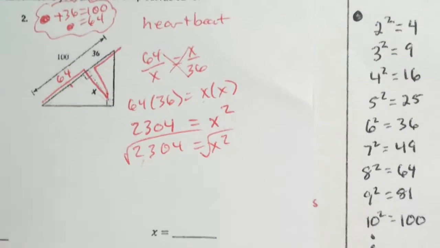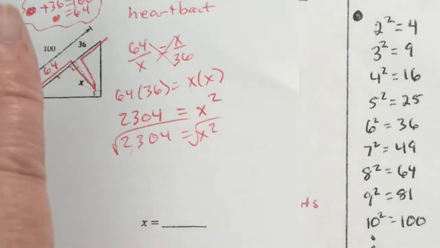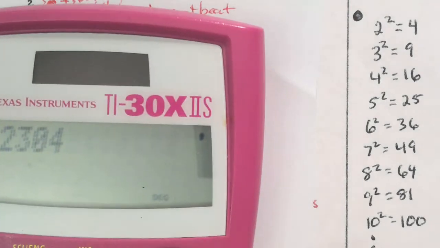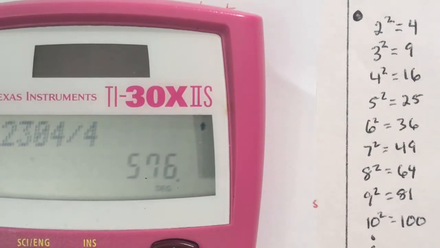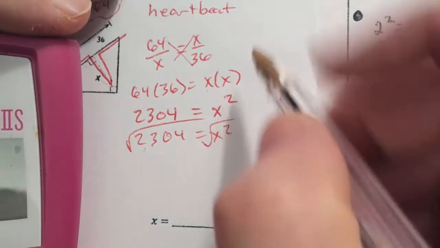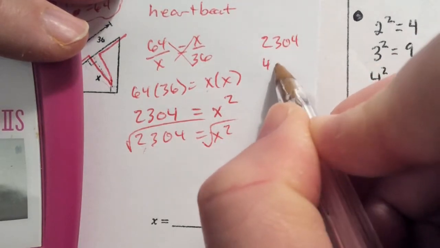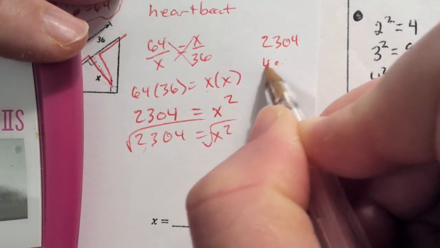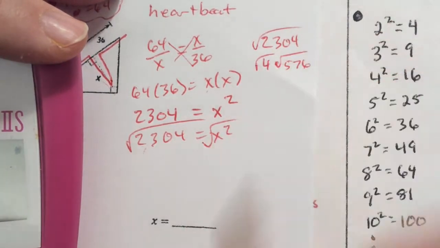All right, so let's see. I'm going to take 2304 in my calculator, and I'm going to divide by, well, it's an even number, so I'm going to try 4. Oh, look, 4 works. So with 2304, I can take out a 4, and I'm left with 576.